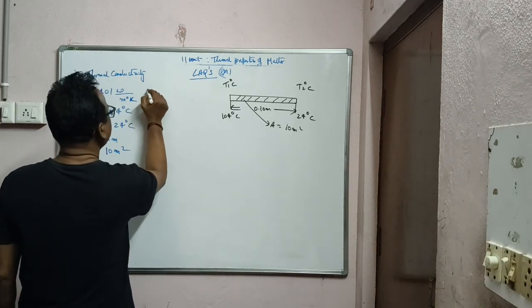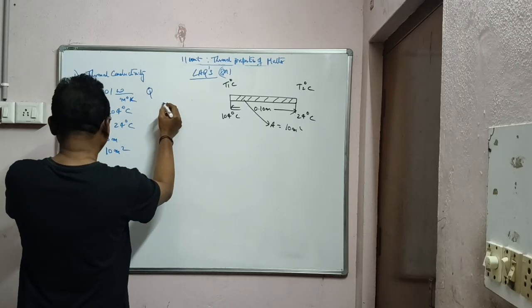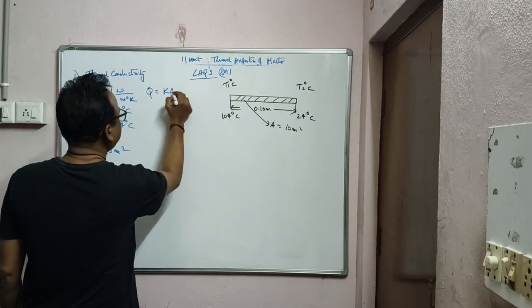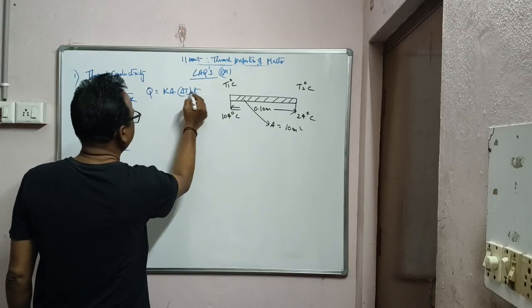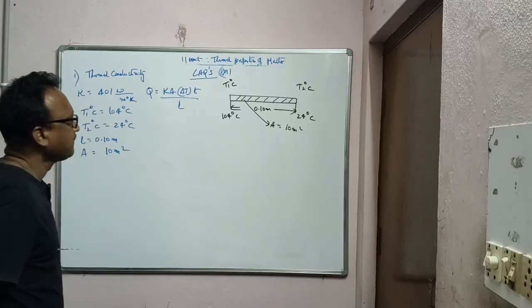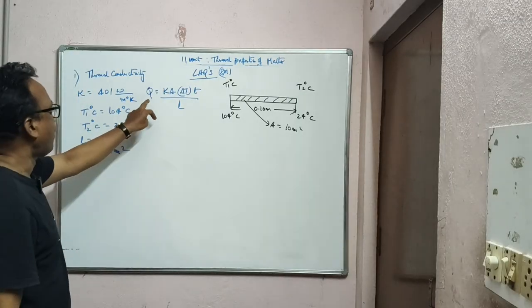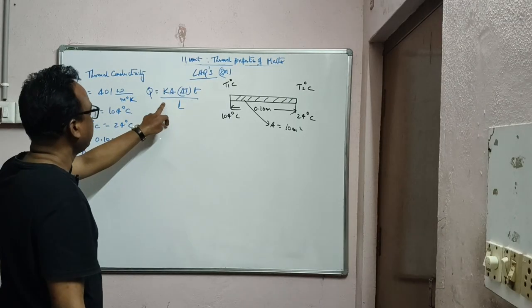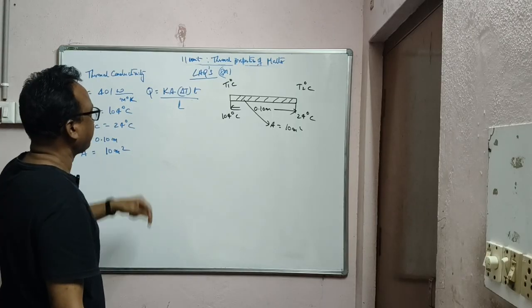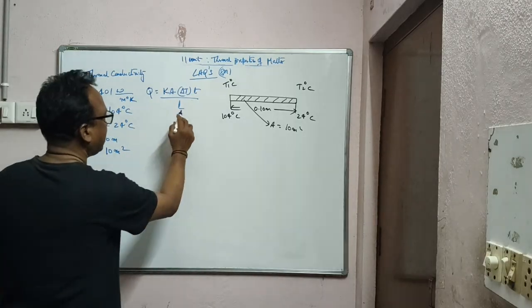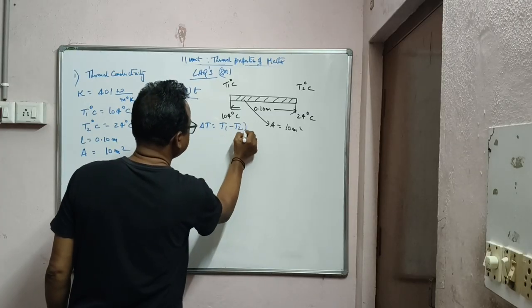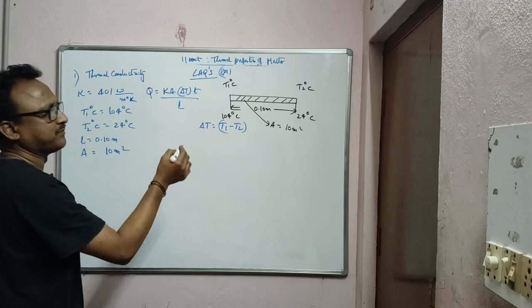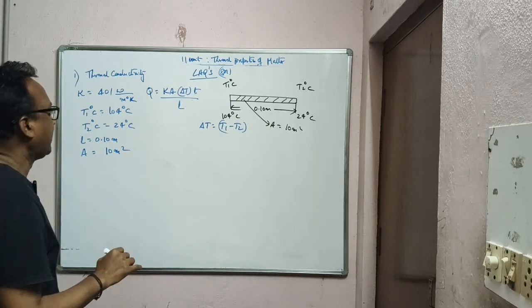As we know, the quantity of heat Q is given by K A (theta 2 minus theta 1), that is delta T, into t by L. This is the formula for the quantity of heat flowing through the conductor. K is the coefficient of thermal conductivity, A is the area of cross section, delta T is the temperature difference T1 minus T2, t is the time of flow, and L is the length.